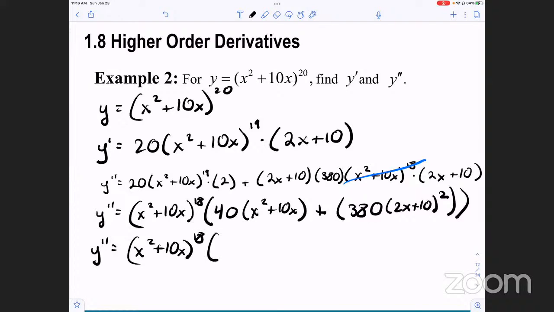Now, if we expand and combine like terms, we'll have a 40x squared, 400x, 380 times 4x squared, x plus 100.